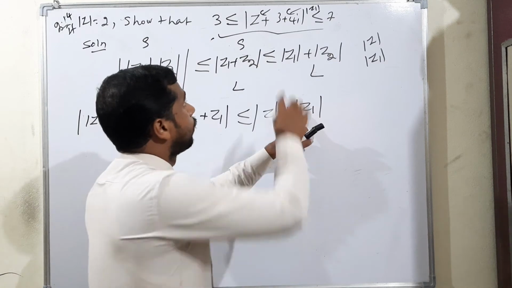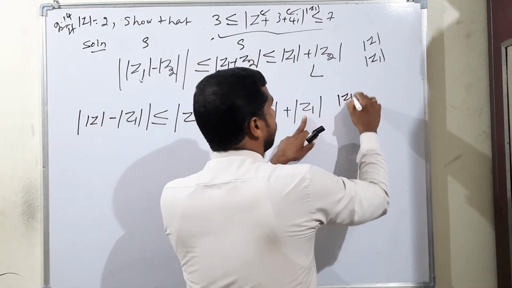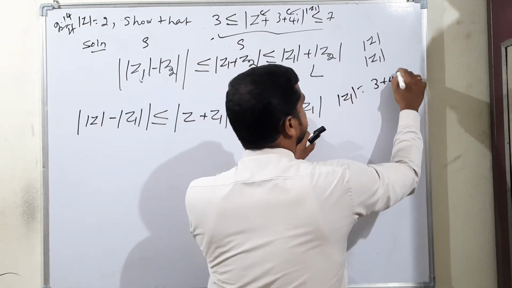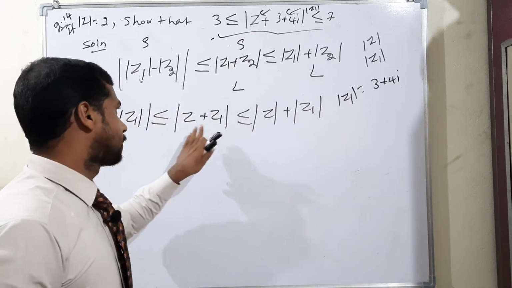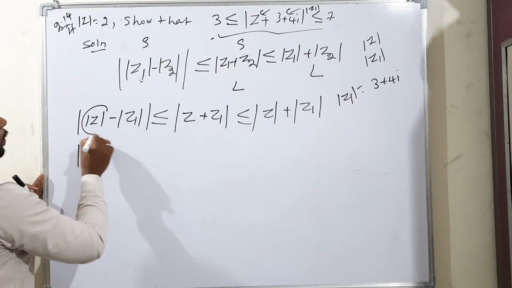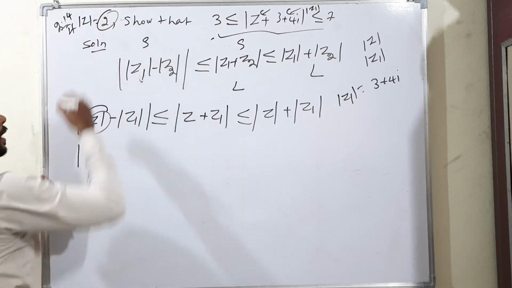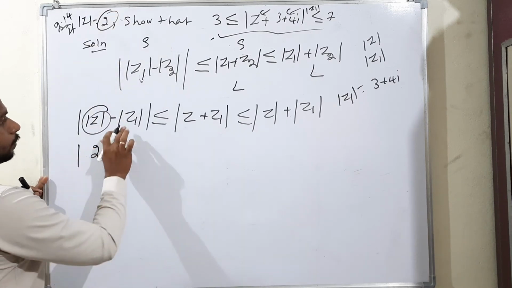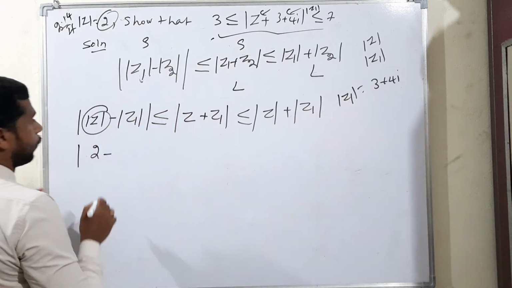So what is the value of modulus of Z1? Z1 is equal to 3 plus 4i. Modulus of Z, just write the term as it is. Modulus of Z given, what is the value? 2.